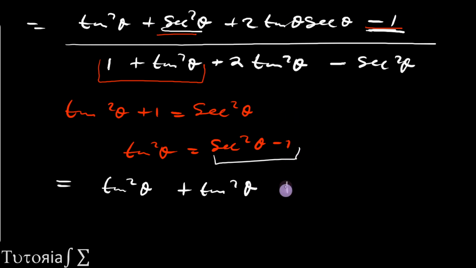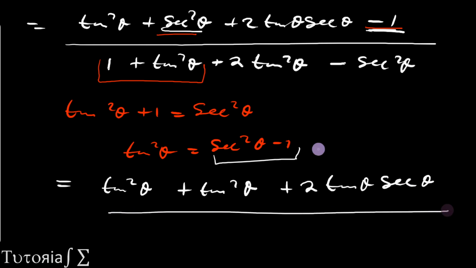Then we have plus 2 tan theta sec theta. Okay, so hope you've understood that. So this sec squared theta and the negative 1, when grouped, give us tan squared theta, which is this one. Then at the denominator, this when grouped gives us sec squared theta.